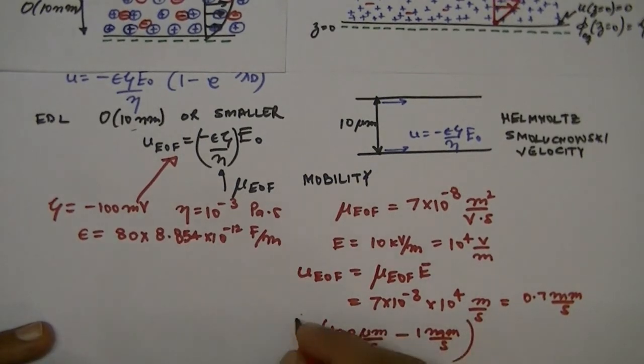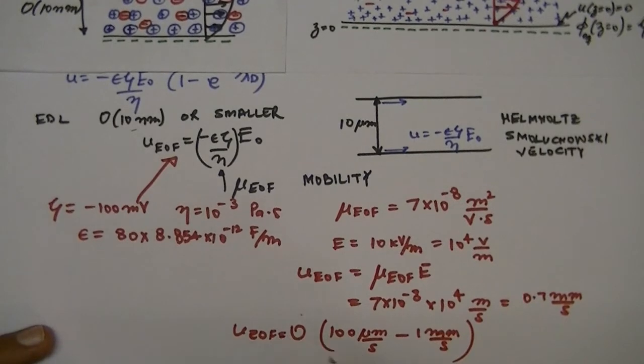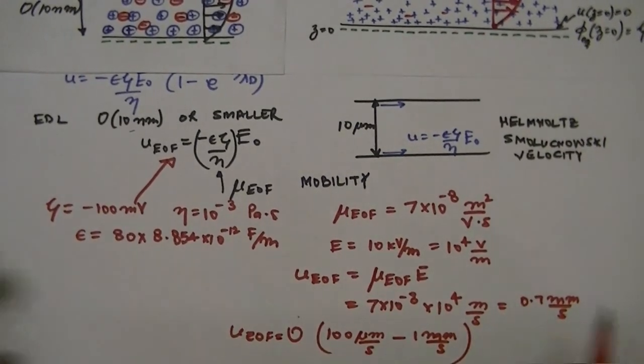So these are the typical EOF velocity magnitudes.